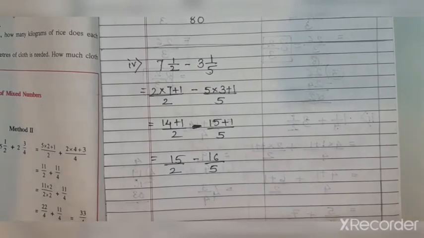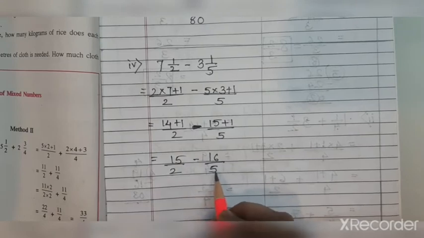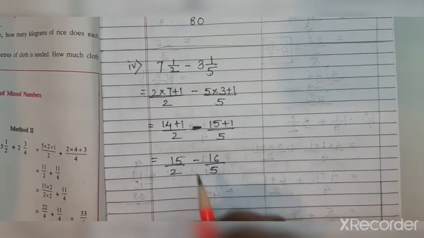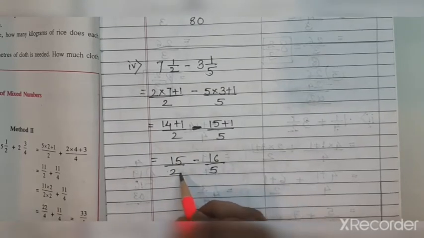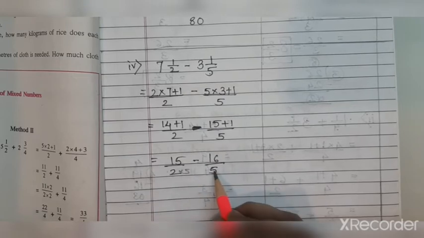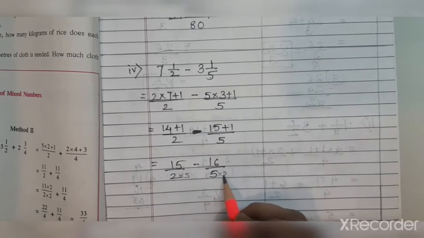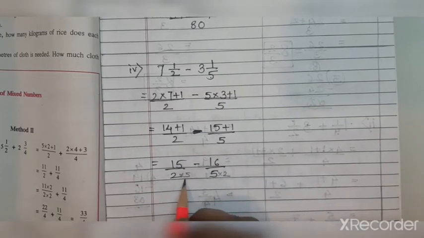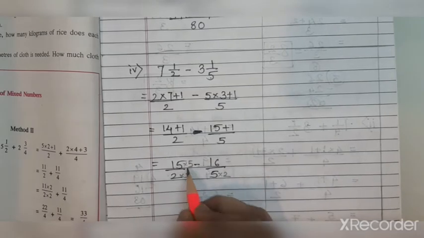Now again here we have to equalize the denominator. When we equalize the denominator, we cannot convert 2 to 5 or 5 to 2 by multiplying any number. So we multiply 2 with 5 and we multiply 5 with 2. Whatever we are doing in the denominator, we have to do the same thing in the numerator.